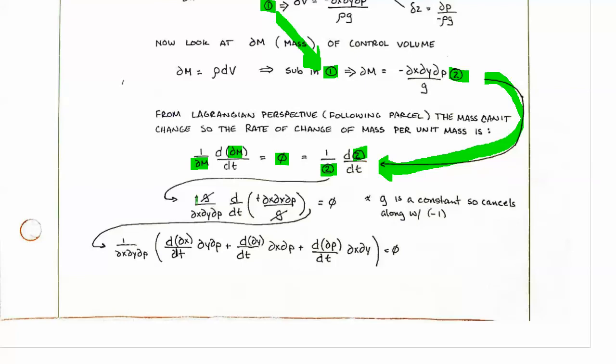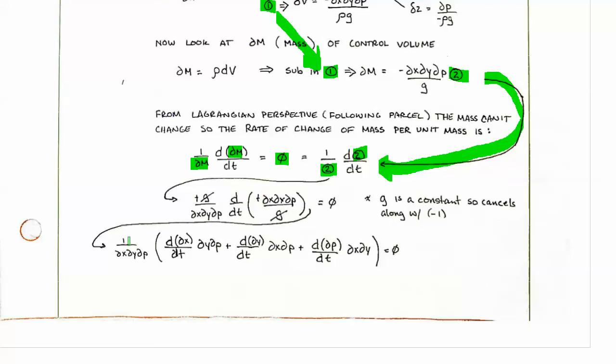This is 1 over differential mass, negative g dx dy dp. Then d dt of, again, differential mass, which again was negative, which is negative dx dy dp over g. But because this is a negative inside, a negative outside, they can both become positives, hence the reason you see the positive, and the g's cancel each other out.